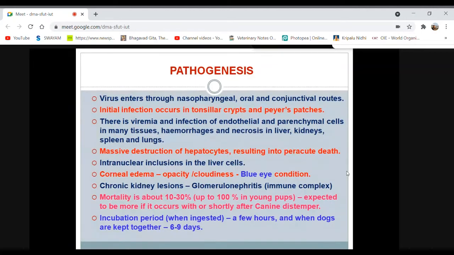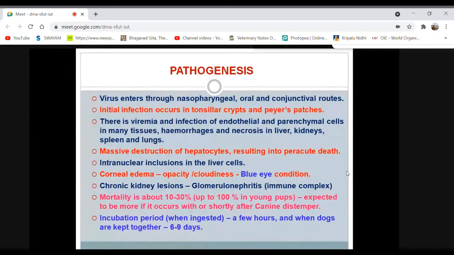That's why, due to acute hepatic failure, acute death happens, and an intranuclear inclusion body is present in the hepatic cells, the liver cells. So far as the kidneys are concerned, chronic lesions lead to glomerulonephritis, where immune complex deposition occurs.